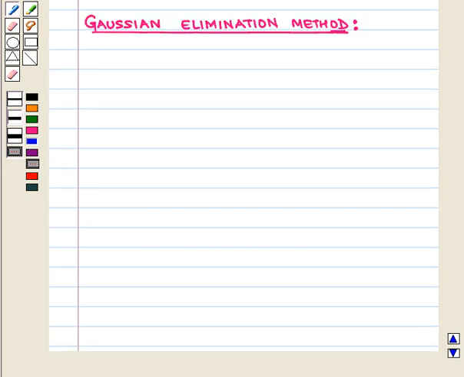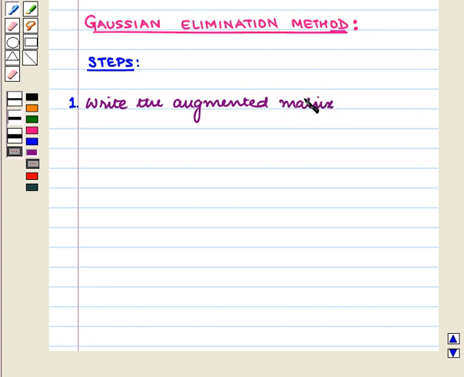Now we shall discuss the Gaussian elimination method. We can solve a given system of linear equations using the Gaussian elimination method. The Gaussian elimination method involves the following steps. The first step is to write the augmented matrix of the given system of equations.